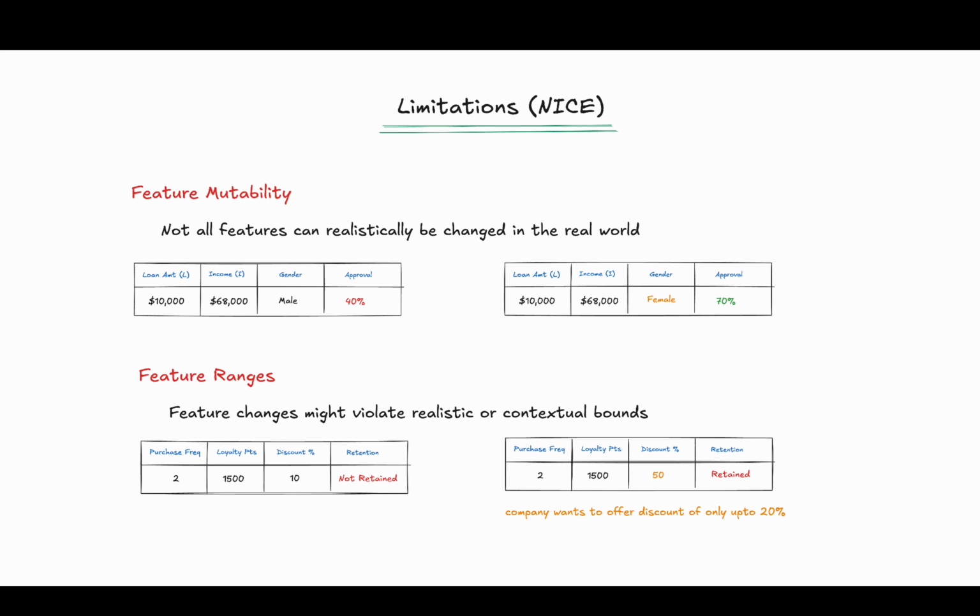Now, this is also important for the model to incorporate so that the model doesn't give unrealistic discounts to the customers, like 50%, 70%, in order to retain them. So depending on the business logic, it is important to have these kinds of functionalities inside the algorithm that you're using.